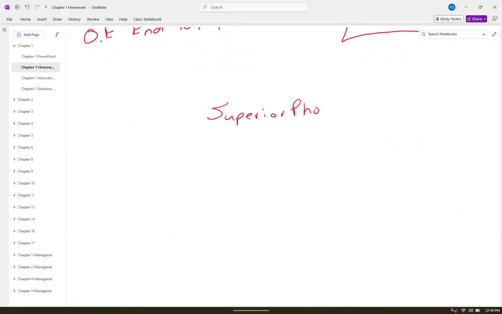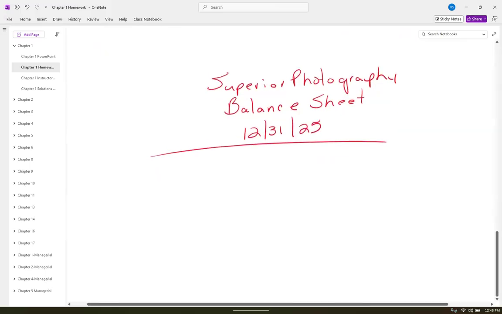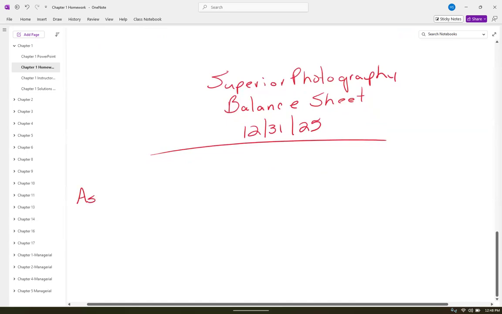Superior Photography again. This is the balance sheet. The balance sheet is going to be dated differently than the other financial statements. So it will just have one snapshot in time, 12/31/25. Okay. So we had some assets. I have them written down, so I'm not having to scroll up and down.